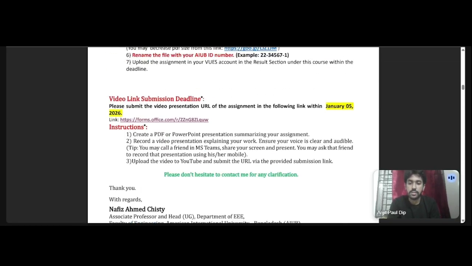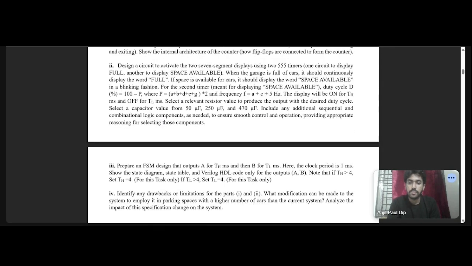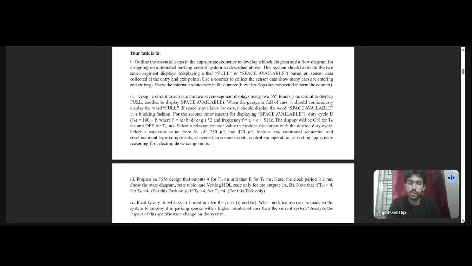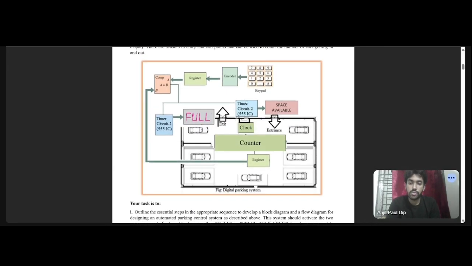In the second task, we were asked to design a circuit for the two timer circuits.